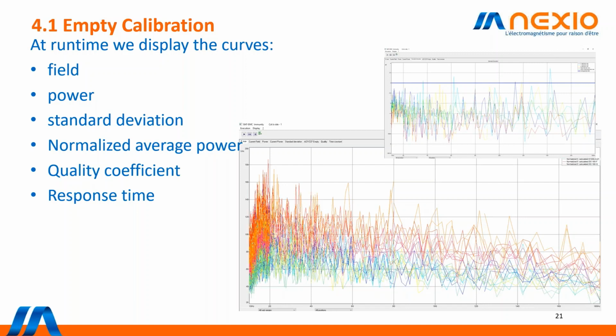Some standards explain methods for emission, and these methods use some of the statistical calculations we made during the empty calibration. So we need to perform the empty calibration also for the emission measurement, and after that there is an algorithm and some measurements for this part.